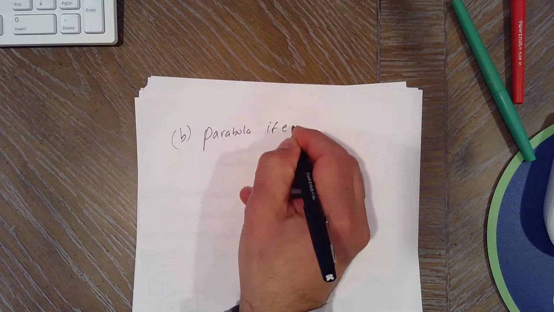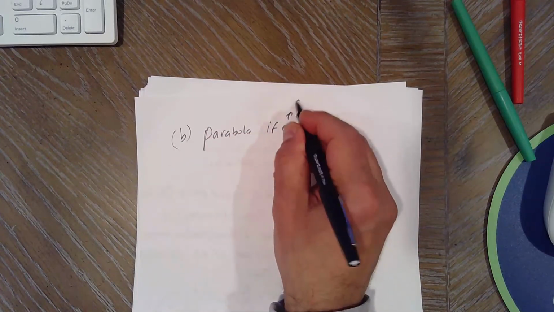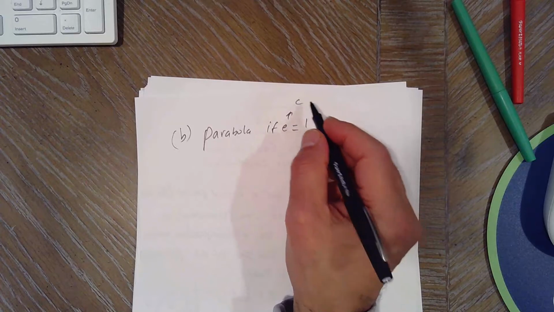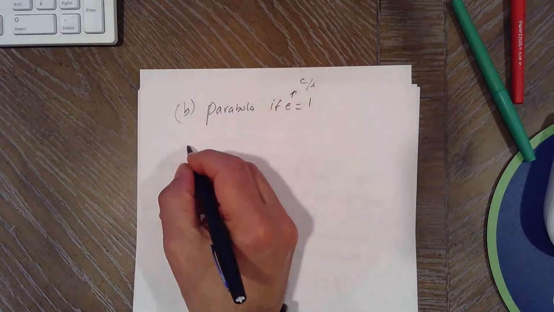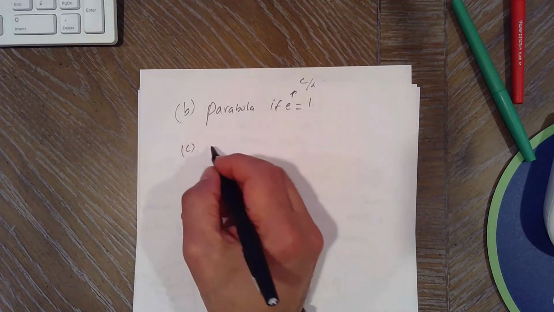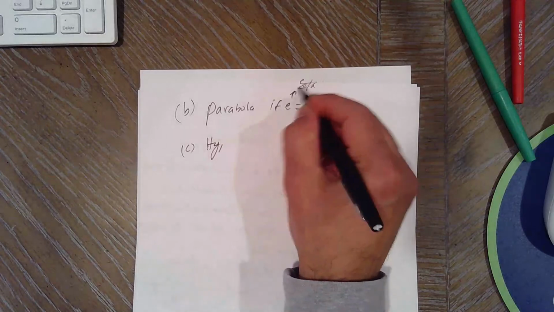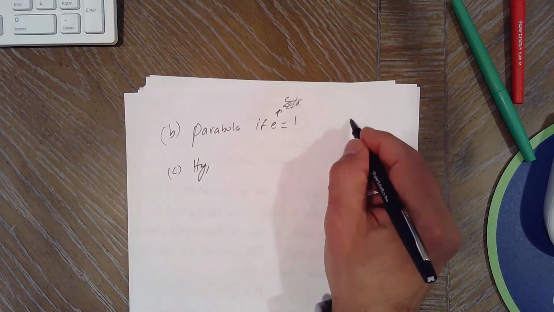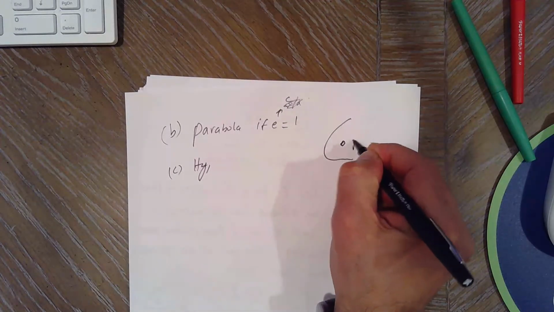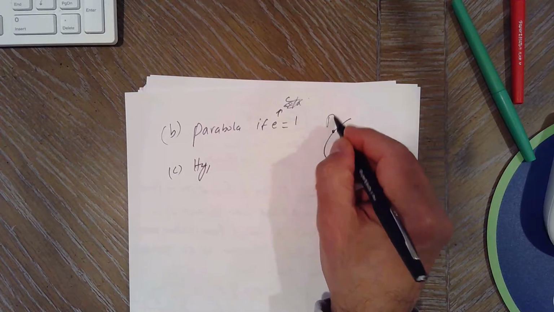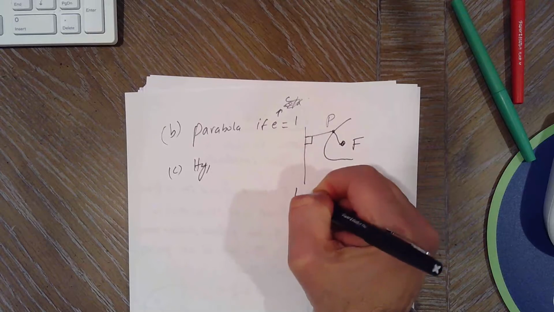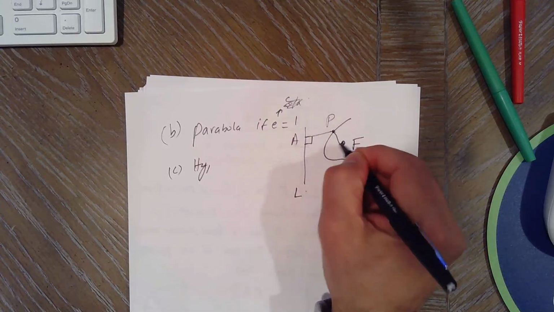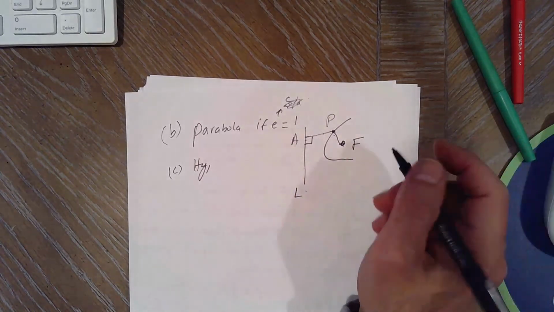A parabola if E equals 1. And in a hyperbola, the best way to look at it is when we defined the parabola, PF has to equal, if this is PA, okay, so if these two are the same, then we get a parabola.